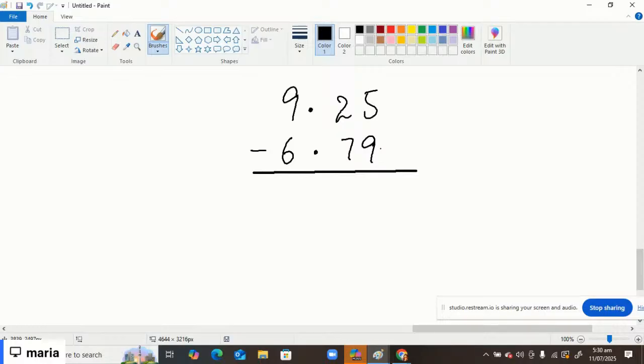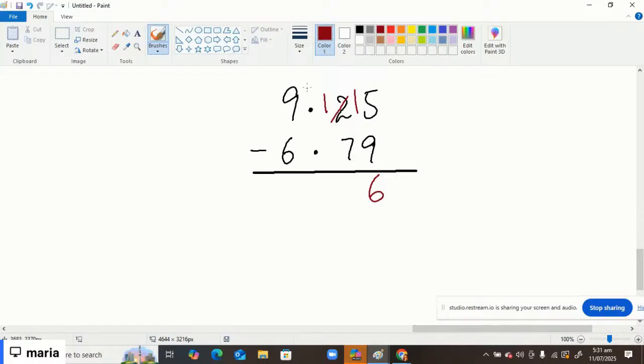Now tell me, everyone, 5 out of 9 is possible? No, it's not. So we take a borrow from the 2. 2 becomes 1, 5 becomes 15. Now 15 minus 9, what is the answer? That is 6. This is 1. 1 out of 7 is possible?